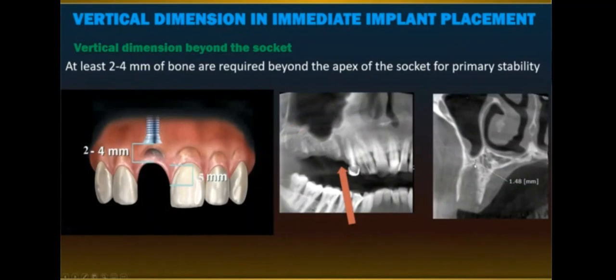Here we should have at least 2 to 4 millimeters of bone, or sometimes up to 5 millimeters of bone, between the apex of the socket of the extracted tooth and the implant apex, because the implant must get this distance in order to be properly engaged in the bone to have initial stability.